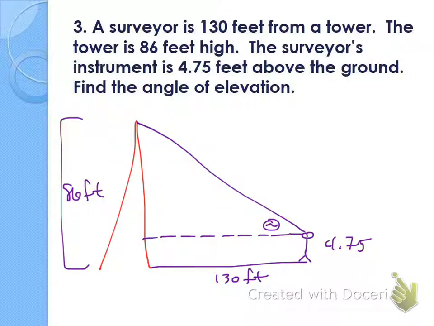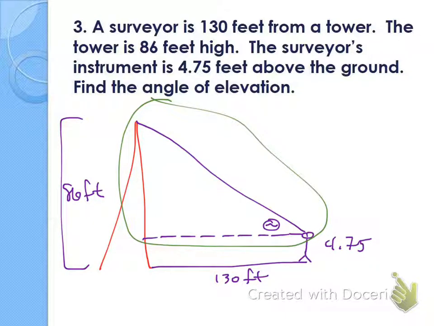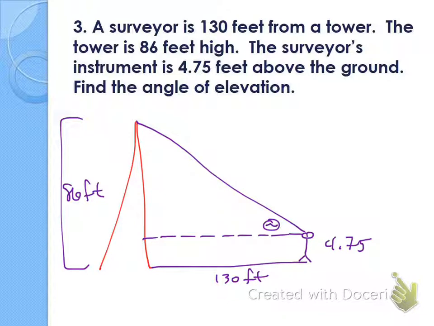Now, if you've done that, then you have to understand that we are going to try to come up with this angle using this right triangle right here, which means using this side length, okay? That is not all 86 feet. It's 86 feet less the 4.75 feet that the instrument is sitting off the ground. So in actuality, we're going to use 81.25 feet.